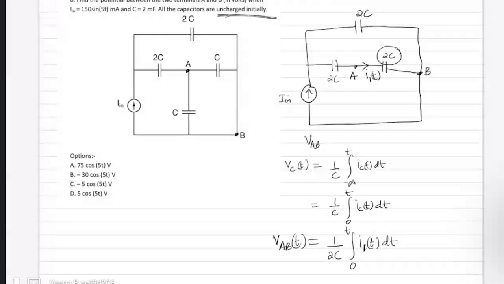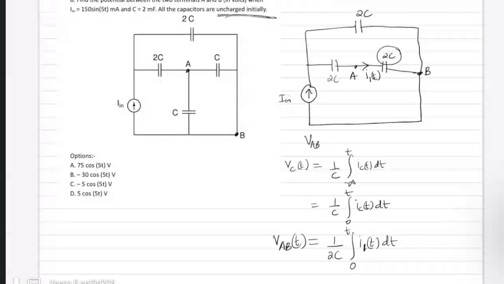So from this we got the current through our capacitance of interest, 2C. That current I1 we already obtained. So we have a capacitor of value 2C between A and B, and the current through this is I1 of t. So this gives our VAB as 1 by 2C integral 0 to t I1 of t dt.